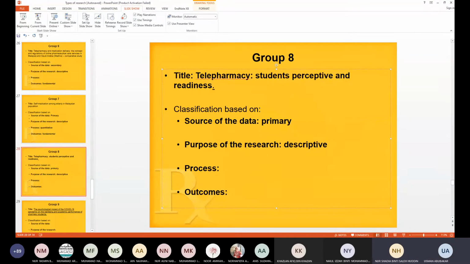Why do you think it's mixed method? Because we will conduct a survey which is quantitative and make percentages, and we will explain and describe the perspective of the students.